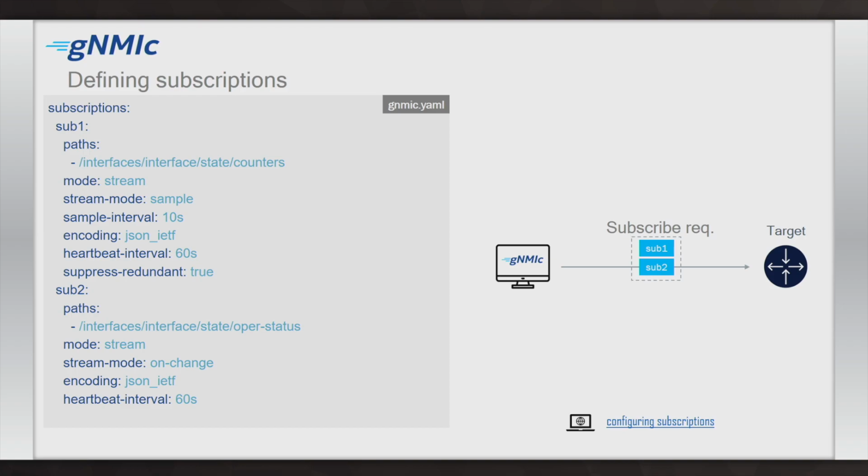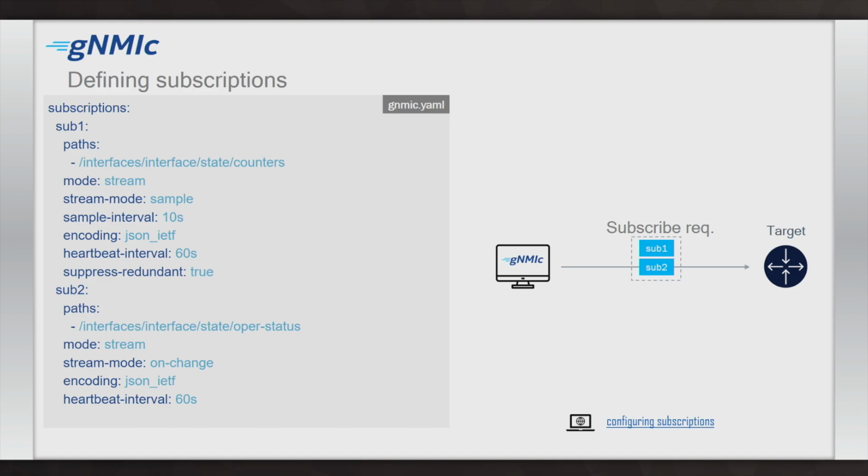That suppress redundant only applies to the sample interval. It doesn't apply to heartbeat interval. So if you want a sampled subscription, but you still want to save data, you can tell the router to not send data if it didn't change, but still send it every heartbeat interval, regardless whether it changed or not.